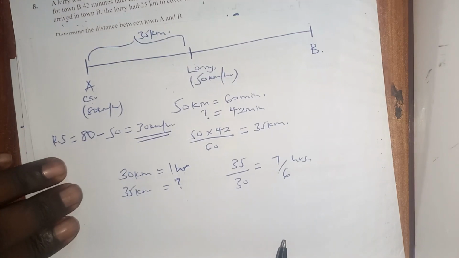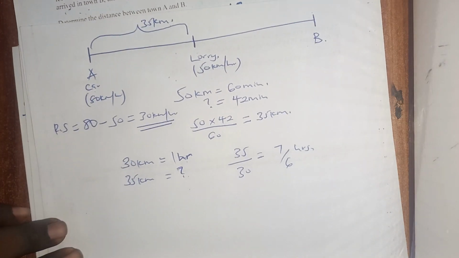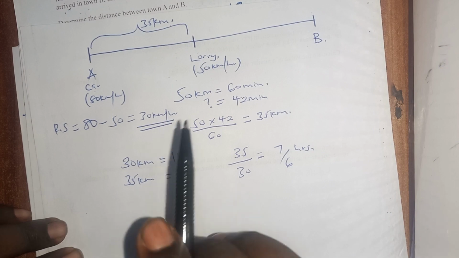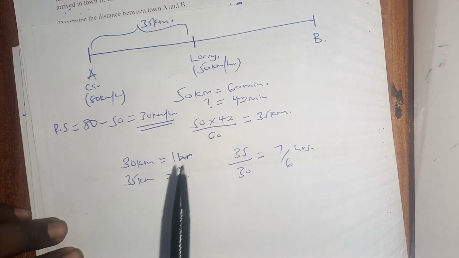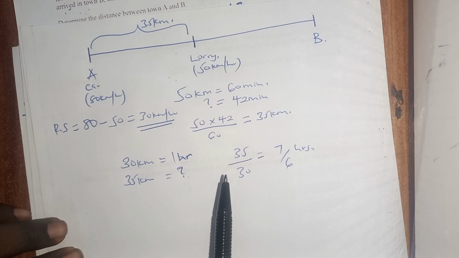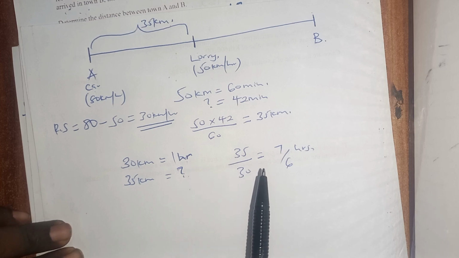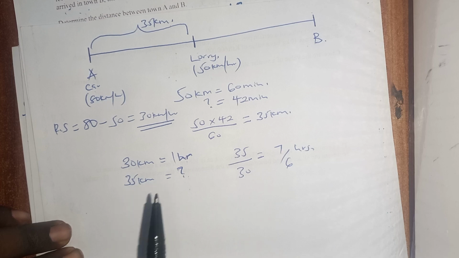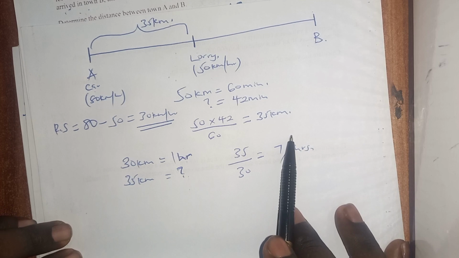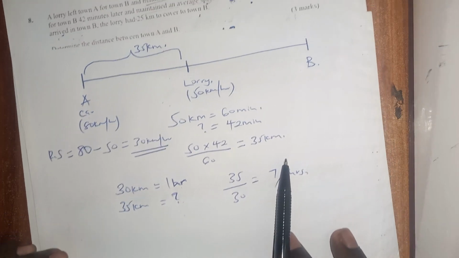So our question is, what time will it take for the car to leave the lorry behind at a distance of 25 kilometers? That is where the catch is. I know it's a little bit tricky.